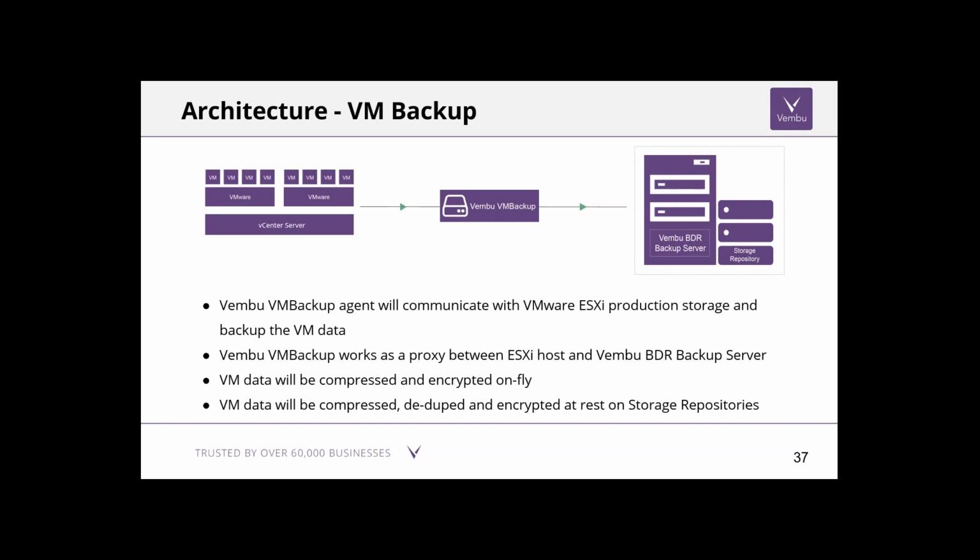While storing the data on the storage repositories, it is additionally deduplicated. So you may see up to 40 to 60 percent storage reduction after transferring the data to the VMware backup servers.